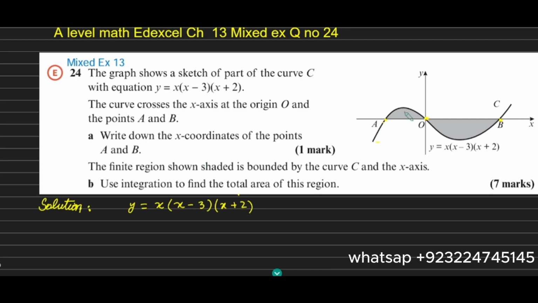As the curve crosses the x-axis, we put y equals 0, because on the x-axis the y value is always 0. We find the values of x.